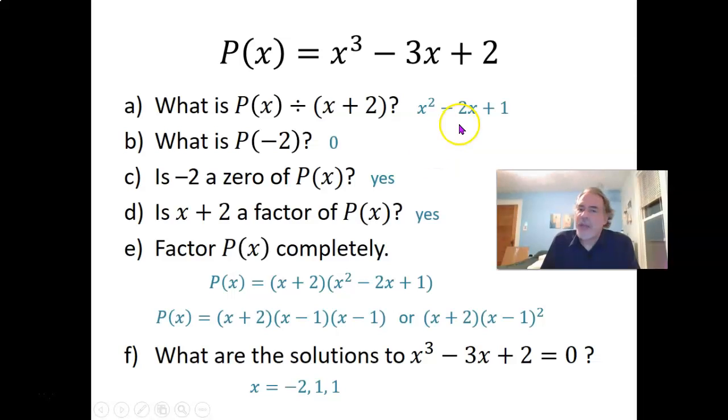And another word for that would be a double root. Now, our book doesn't use the word root, but other books do call the zeros of a polynomial or the solutions to a polynomial equation the roots of that polynomial equation. So negative 2 and 1 would be the roots here, and the 1 would be a double root, a root of multiplicity 2.